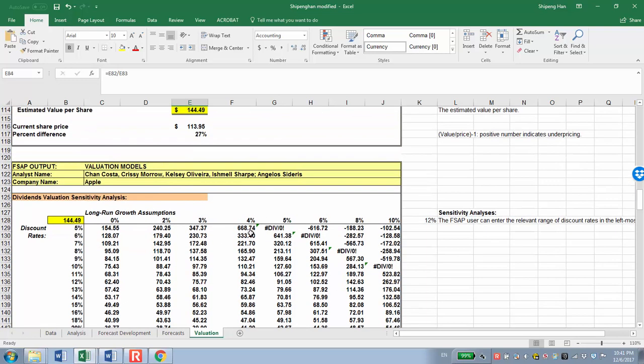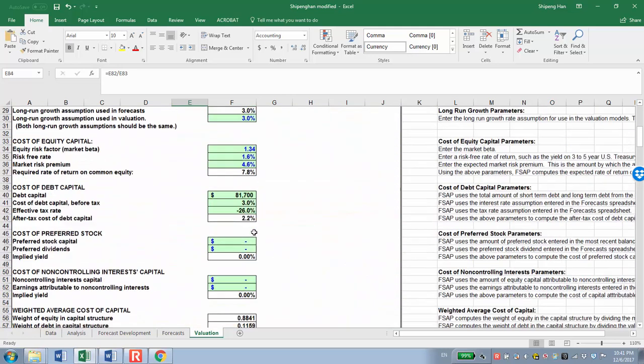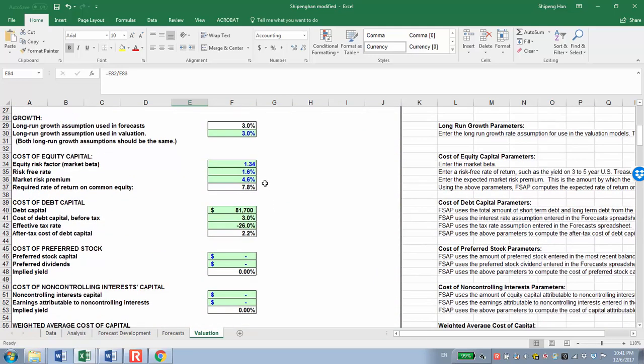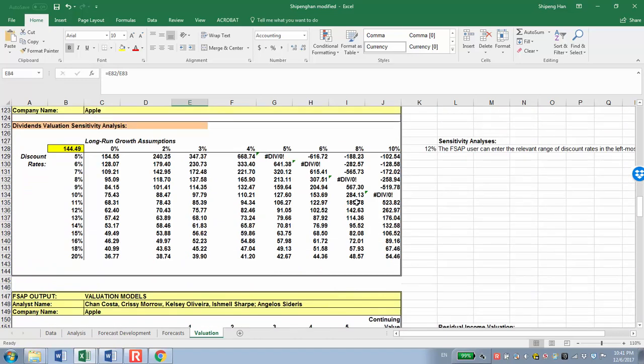So 144 and 49 cents is when we assume the long-run growth rate is 3% and the cost of equity is almost 8%. So we can locate it here. Long-run growth rate 3% and the discount rate about 7. It's actually around here, between 137 and 194.